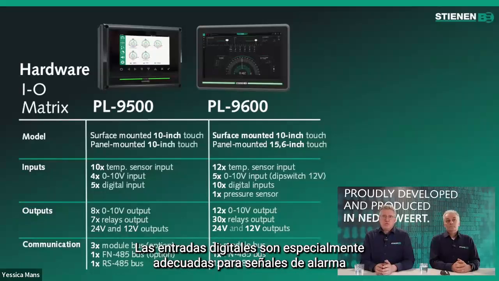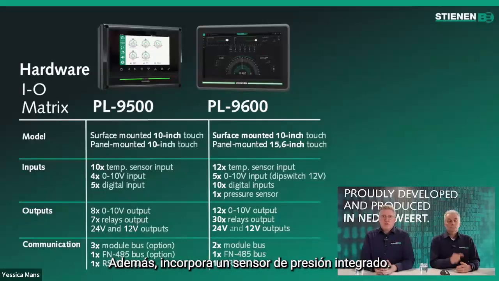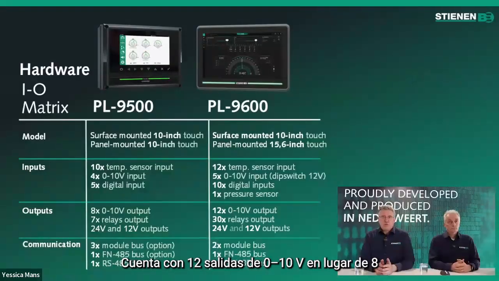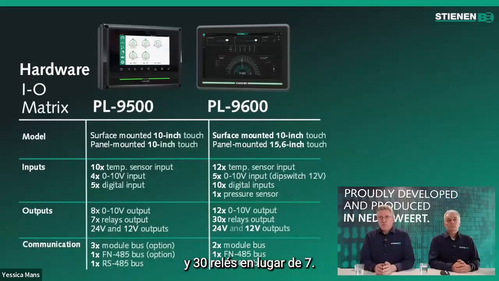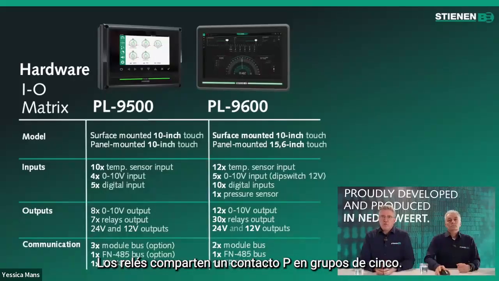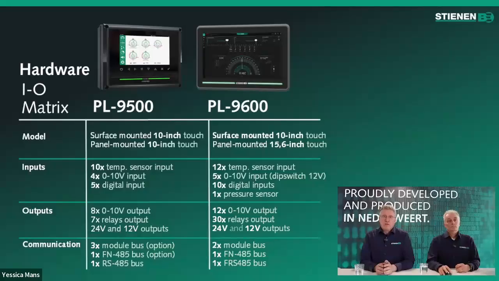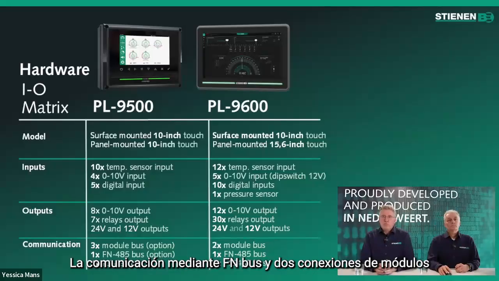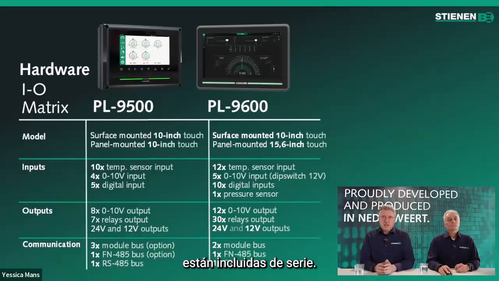These are particularly suitable for alarm inputs. A built-in pressure sensor. 12 instead of 8 0 to 10 volt outputs, 30 instead of 7 relays, but it's important to note that the relays have a shared P contact in groups of 5. The FM bus and 2 module connections are standard.